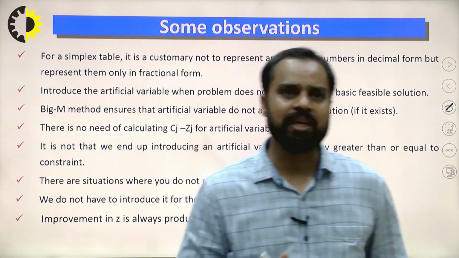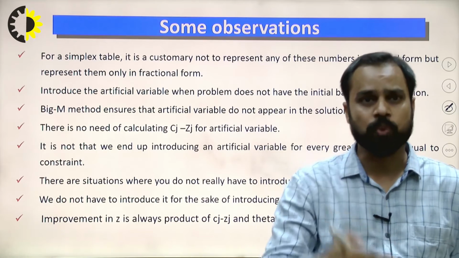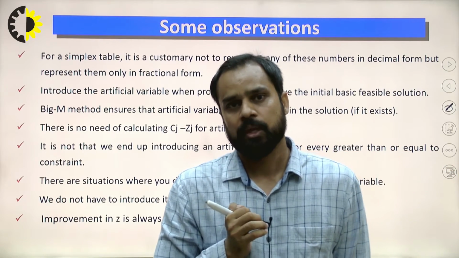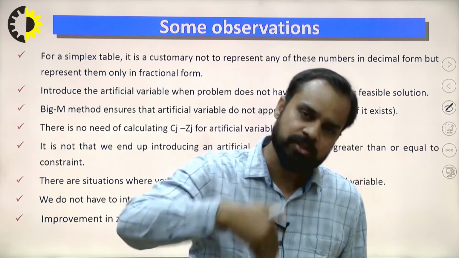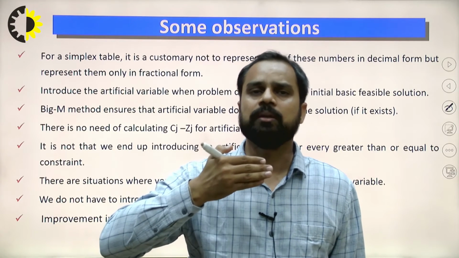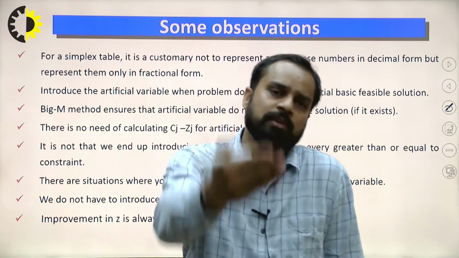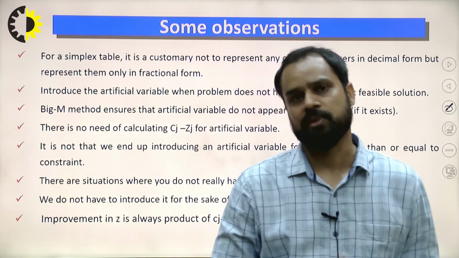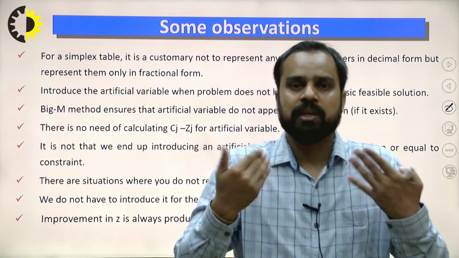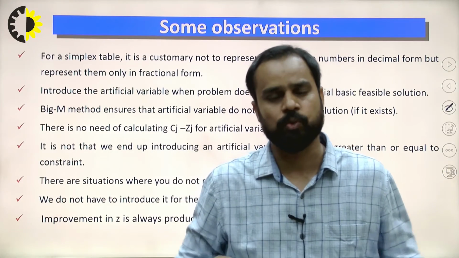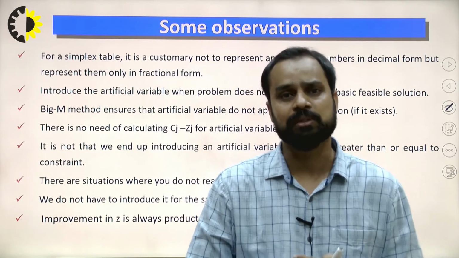Introduce the artificial variable when the problem does not have an initial basic feasible solution, for example if the constraint is of greater than type. If we are able to find the initial basic solution without introducing the artificial variable, then we can solve it that way. It is not compulsory every time to add artificial variables.